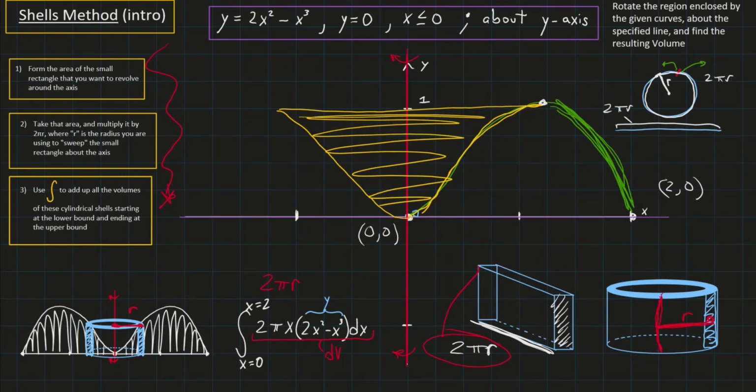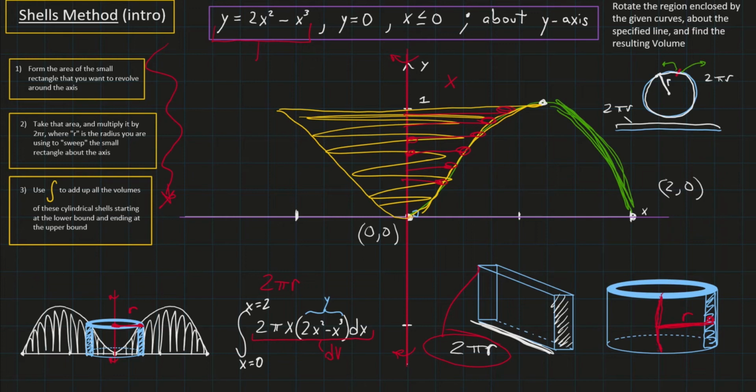Let's look at the small volume real quick. If I wanted to do the disk method to calculate that yellow volume, here's the radius of each one of my disks. See that radius? Alright. Each one of those radii is going to be x, the x-coordinates of those points along that yellow line. Which means I need this equation flip-flopped. I need x by itself.